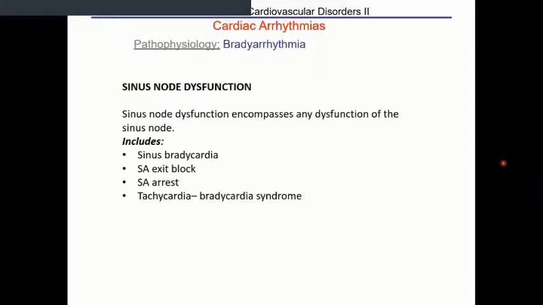So if you have a sinus node dysfunction, this dysfunction can cause problems, leading to bradyarrhythmia. So, any problems with your sinus node.